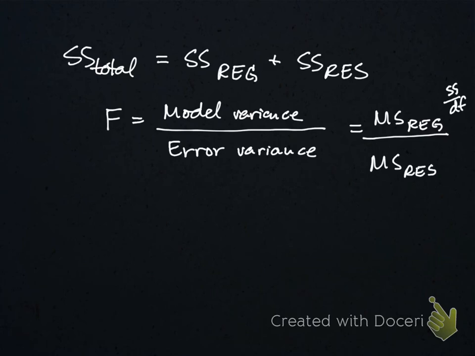So in this context, if we hope that our model is significant, we want to reject that null hypothesis. In other words, we want our F statistic to be significant. So the more variability that our model explains, or the better our model predicts y, the higher that F statistic is going to get. Conversely, the more error variance we have, the larger that denominator is going to get, and it's going to drive down that F statistic.